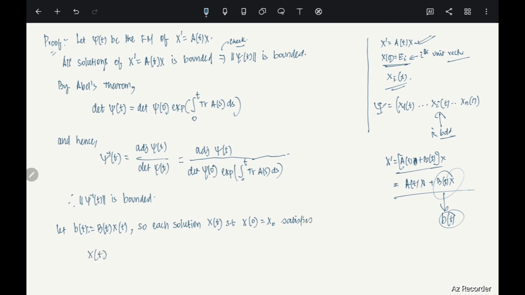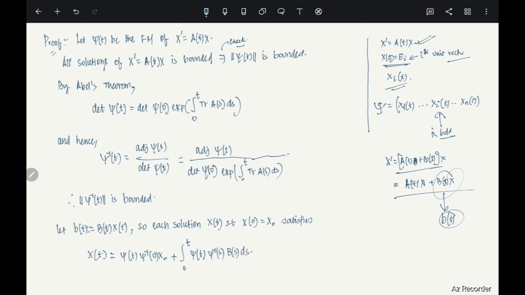x of t equals the solution of the homogeneous problem, phi of t, phi inverse of 0, x0, plus the integral from 0 to t of phi of t, phi inverse of s, b of s, ds.